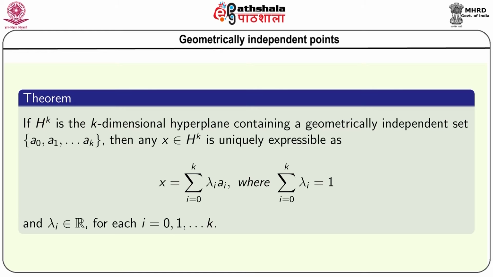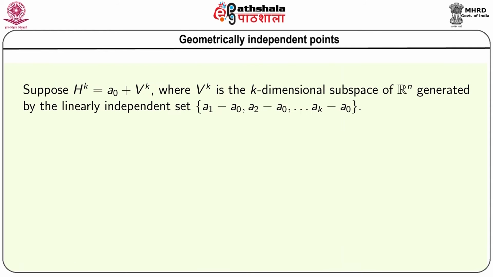These lambda i's are scalars varying over the set of reals for each i equal to 0 to k. We prove this theorem.